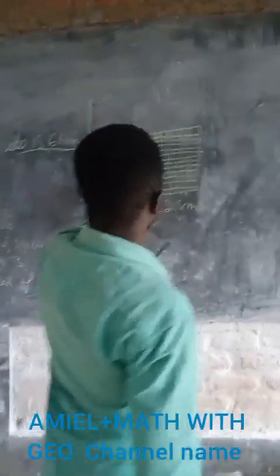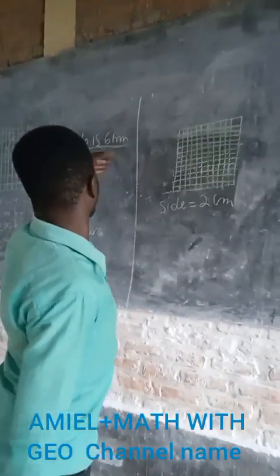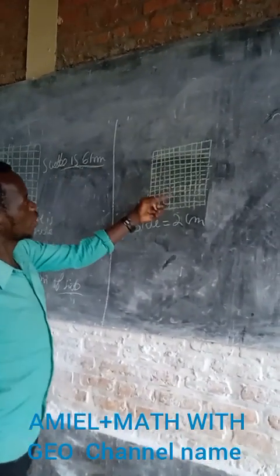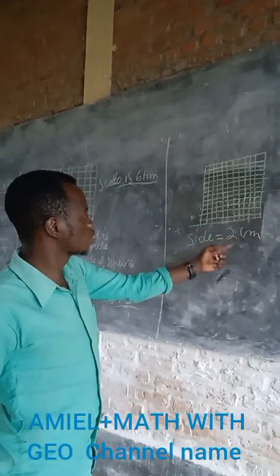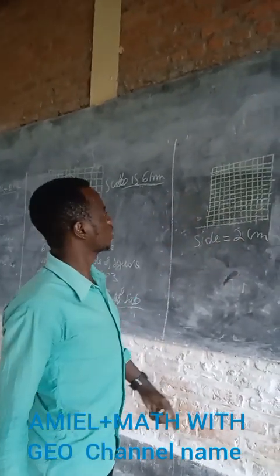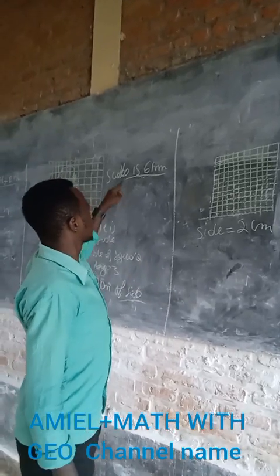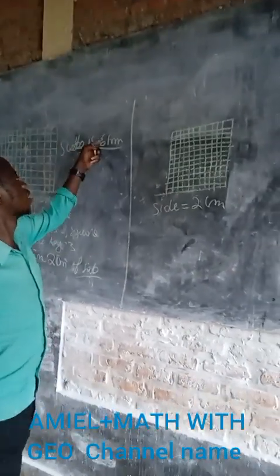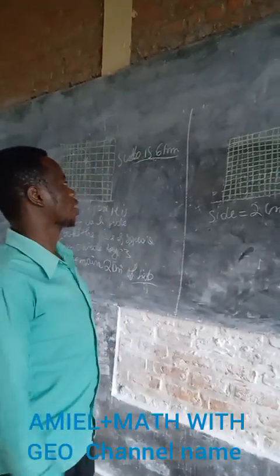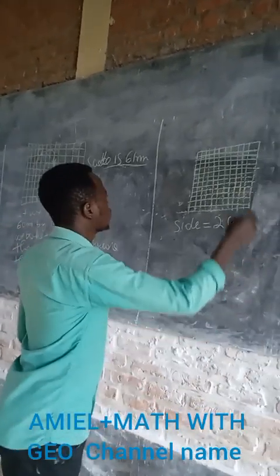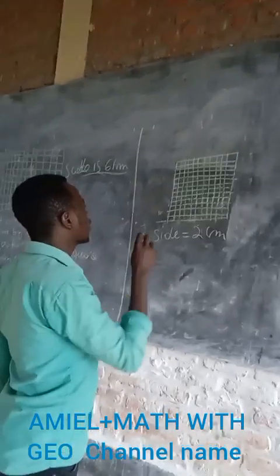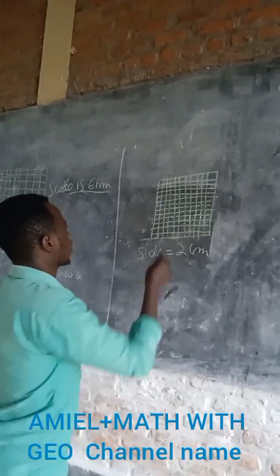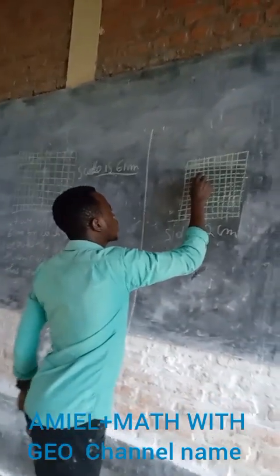We have made the squares which have 2 centimeters on each side, while the previous had 6 centimeters. Then we have reduced the size of the square, which also helps to reduce the size of the map. Then we draw our map here.